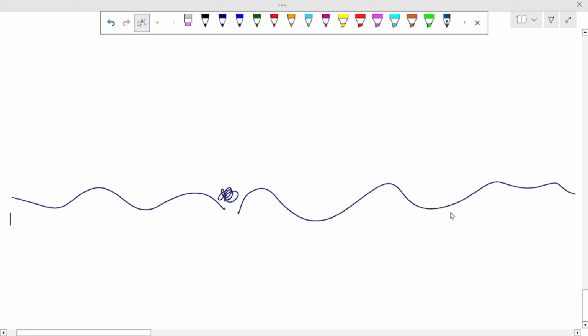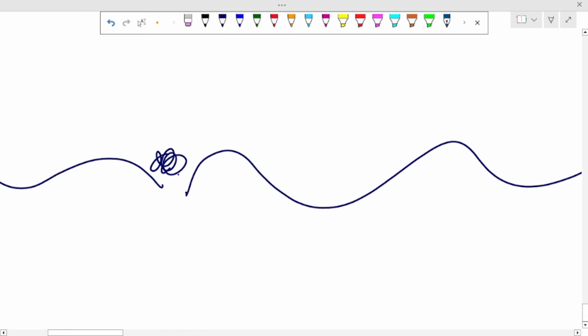I know it's going up and down, but it moves from this point to another point. Yes, it is continuous, but it moves from one point to another, like it's traveling. It's being propagated. So how is wave propagated, or how does wave travel?